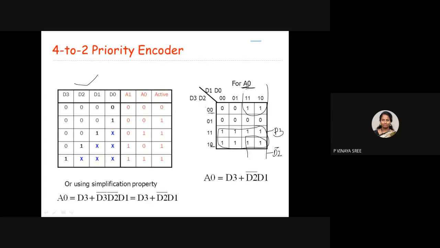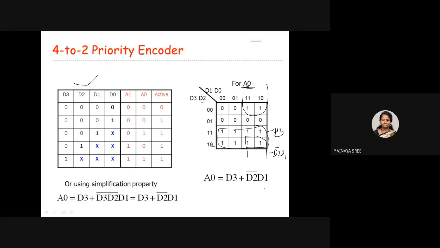So you are getting D3 plus D2 complement D1. Now I will see who will complete the next step. After completing the Boolean expression, what is the next step?